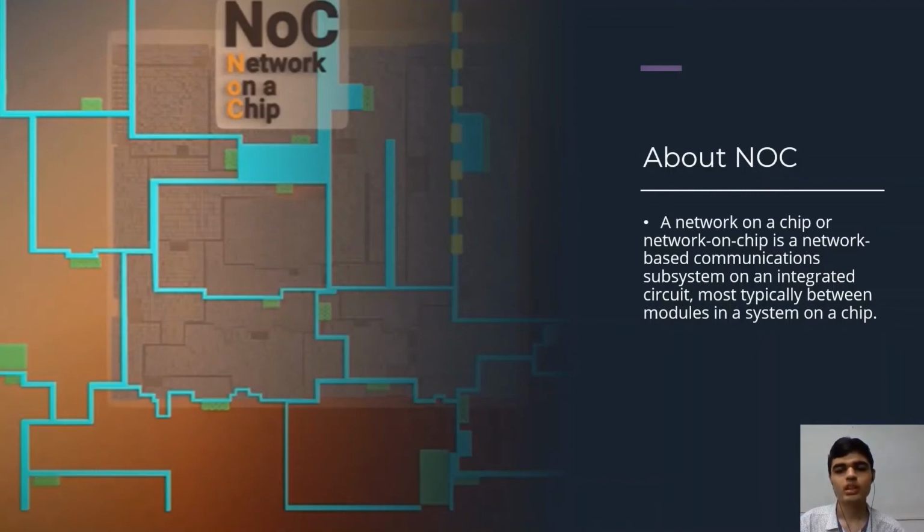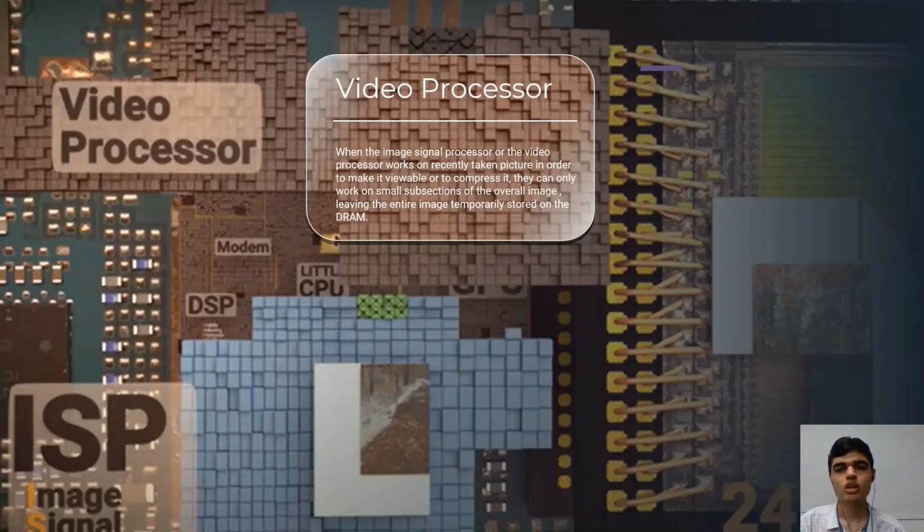There are two quick things to note. First, the data path between the SoC and DRAM, which is basically through the NOC, is shared by the components, and it plays a vital role in transferring data from the SoC to DRAM. And second, a 12 megapixel RAW image takes up around 24 megabytes. However, the image cache on the SoC is typically 4 to 8 megabytes, and it's shared among all the processes on the SoC.